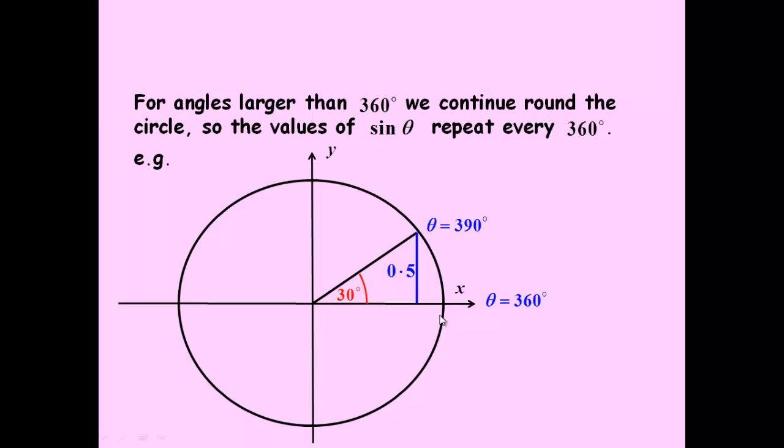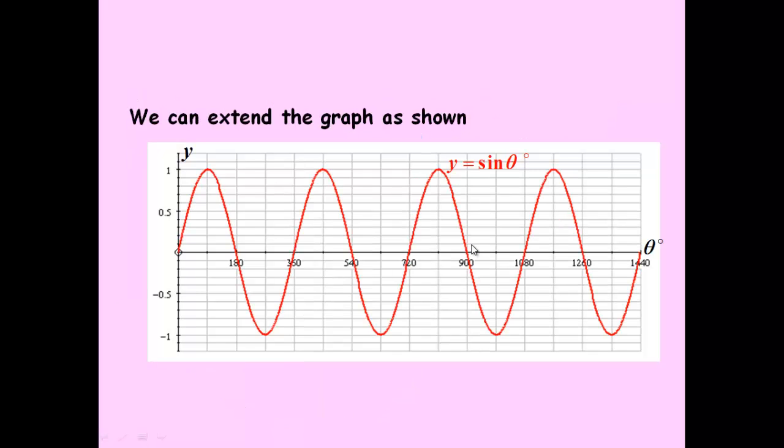When we get beyond 360, we just repeat the process. The sine graph is what we call a periodic graph. It repeats, and it repeats every 360 degrees. So sine 30 has the same value as sine 30 plus 360, in other words, sine 390 degrees. And we can see there that the graph just keeps repeating every 360 degrees.